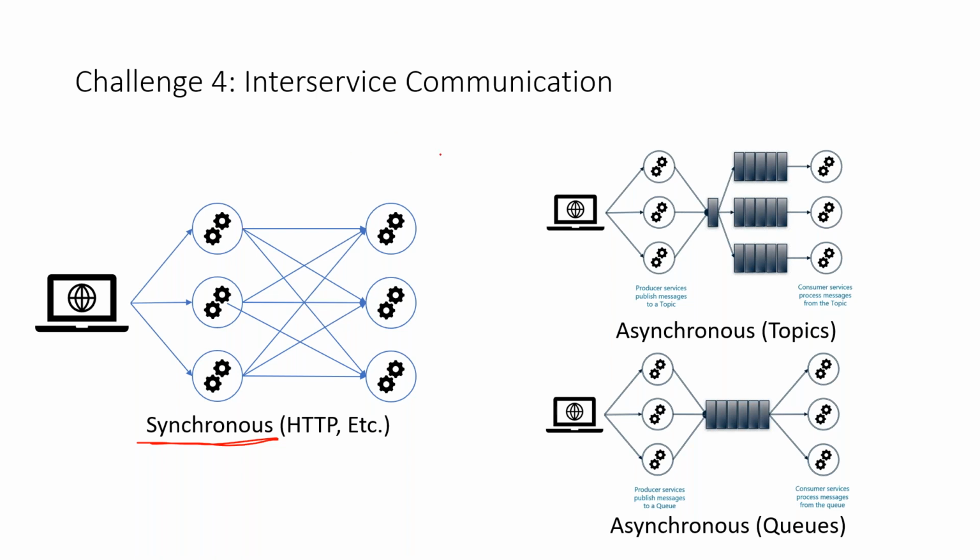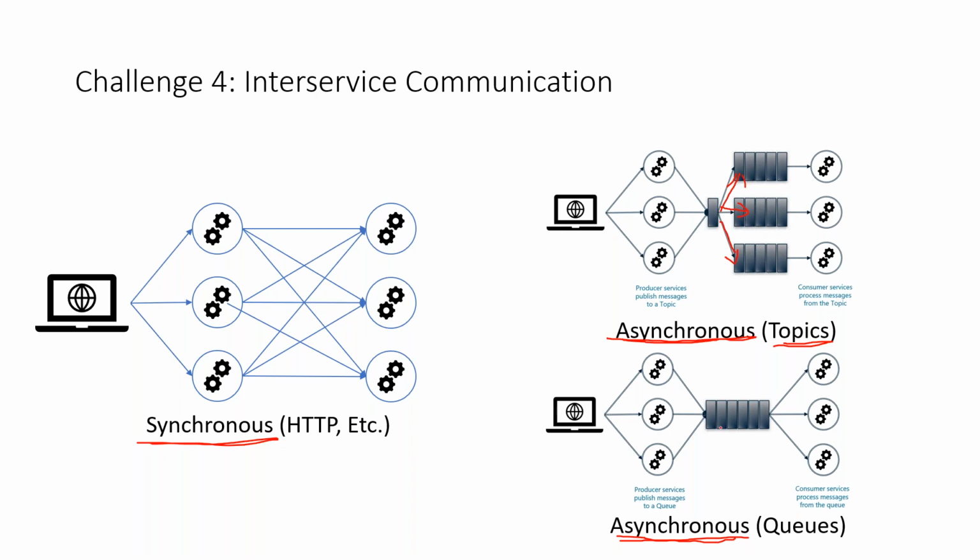However, increasingly, more and more folks are moving to an asynchronous pattern using messaging platforms like message buses, such as MQTT or AMQP protocols, or something like Azure Service Bus or other similar messaging platforms. They use something like a topic, which uses a one-to-many type distribution of messages, so that whenever a request comes in, it sends a request to a backend service by queuing it up on a topic, and then that topic will send a copy to everybody that is subscribed to that topic, and then everybody on the backend processes it.